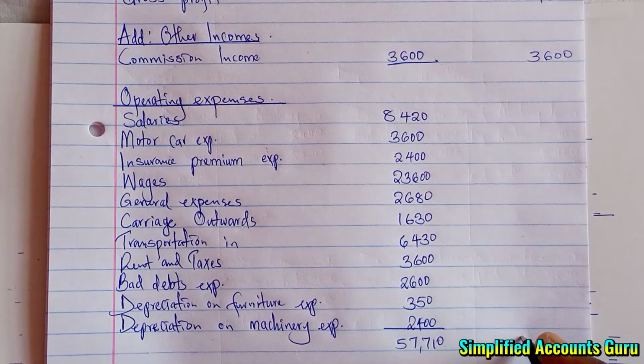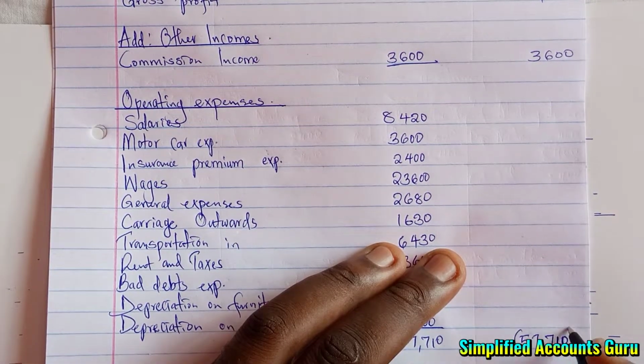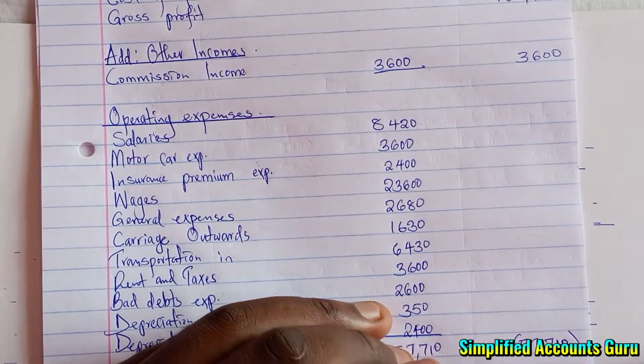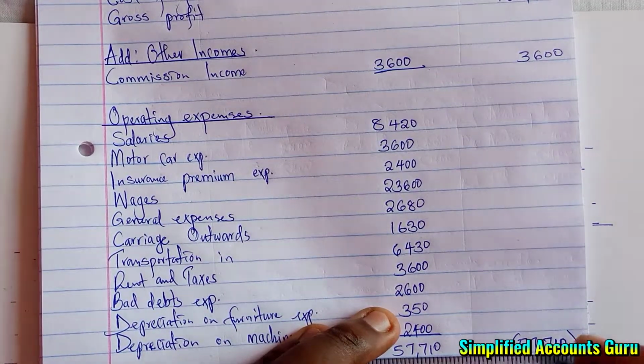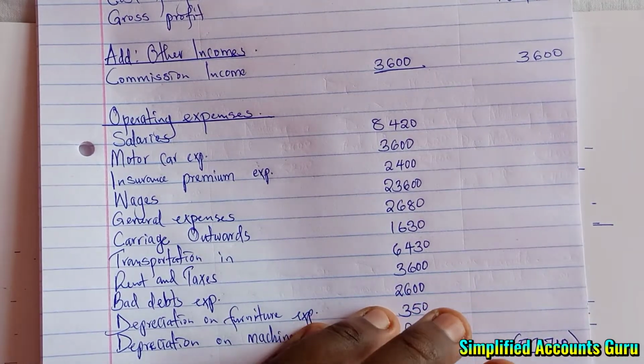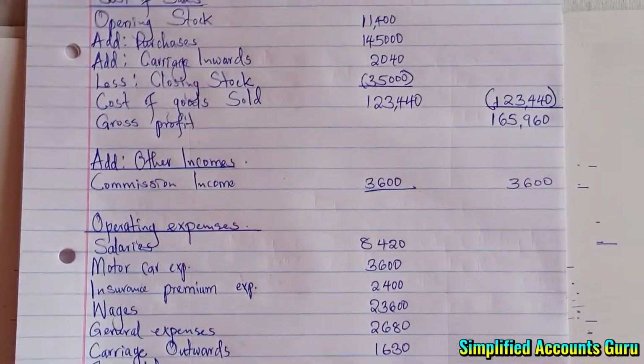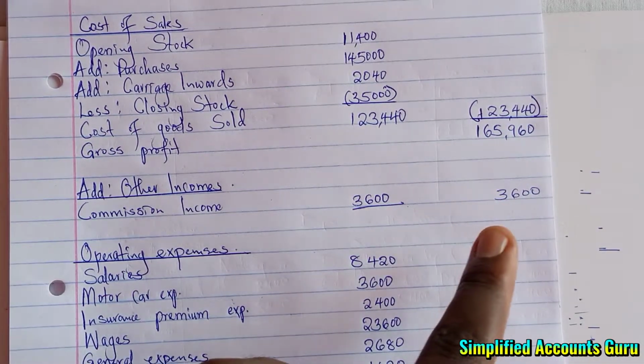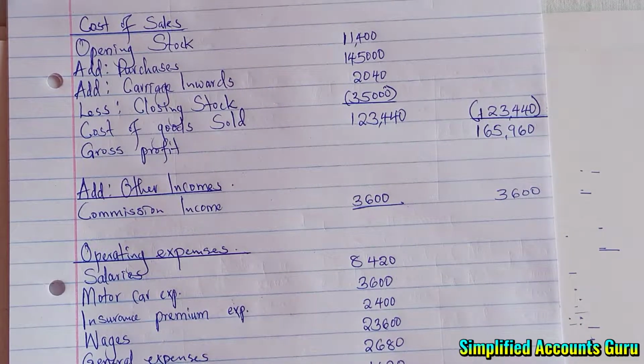Now you bring this amount here, then you put it in bracket to mean that we need to deduct it. Then you will pick the gross profit plus the additional income minus the operating expenses.